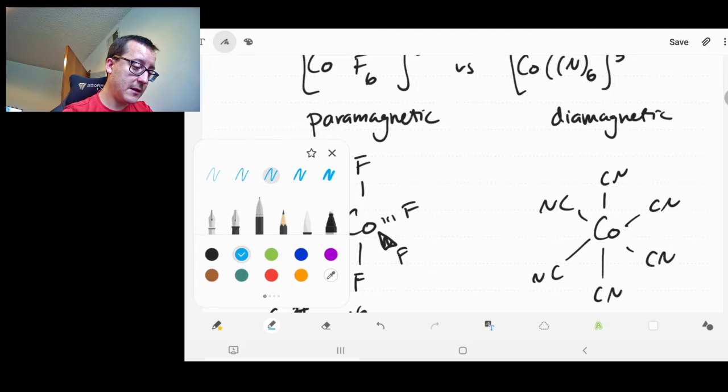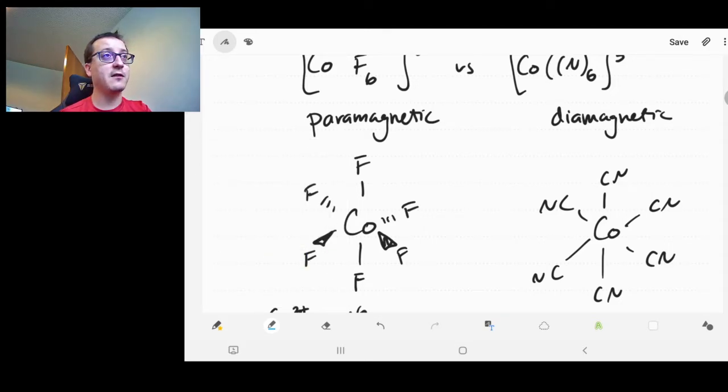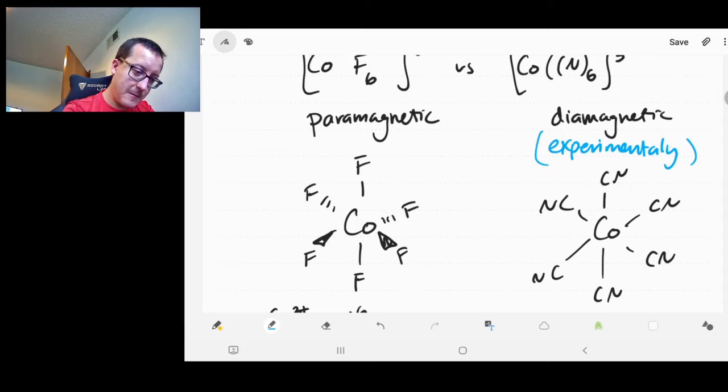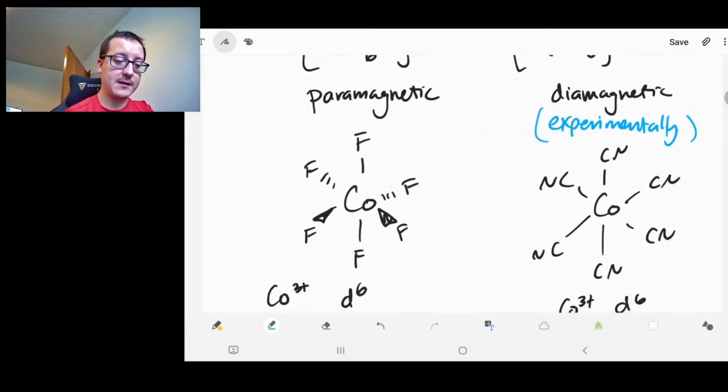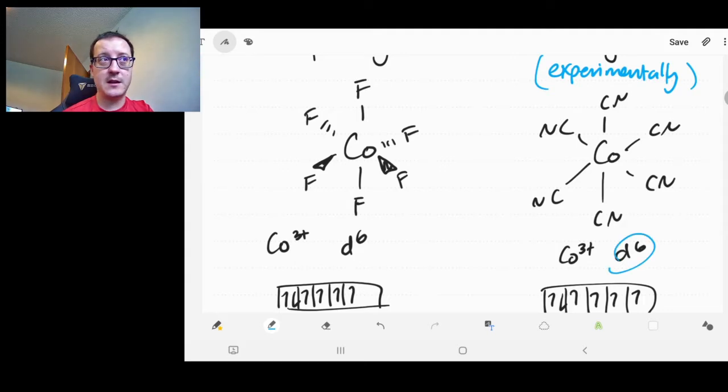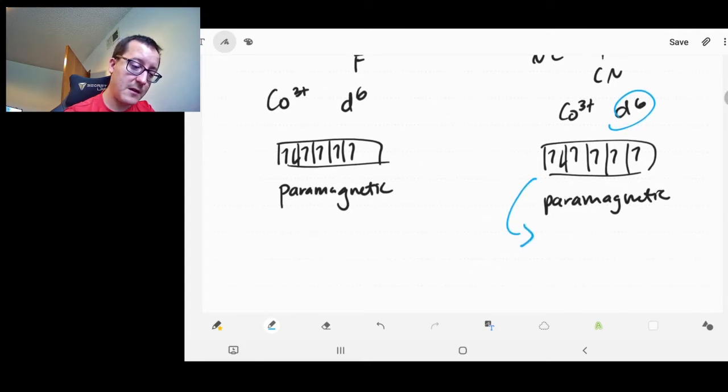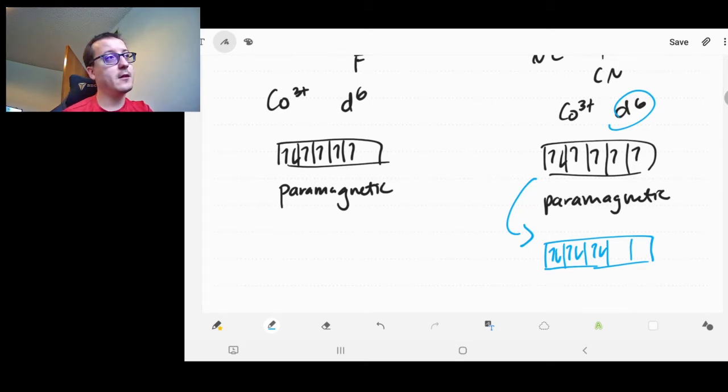Experimentally, this one is found to be repulsed by a magnetic field instead of attracted to it, right? And so this is experimentally done. So that tells us that these 6 d electrons actually must be paired off, right? So we actually have something like this happening here. So what gives?